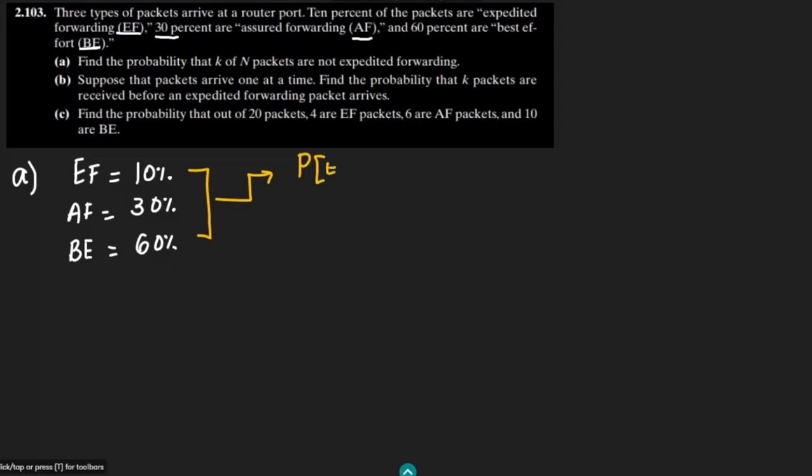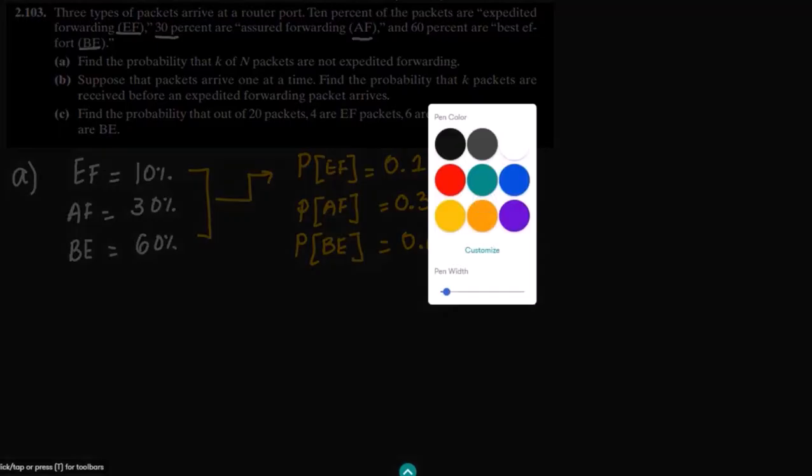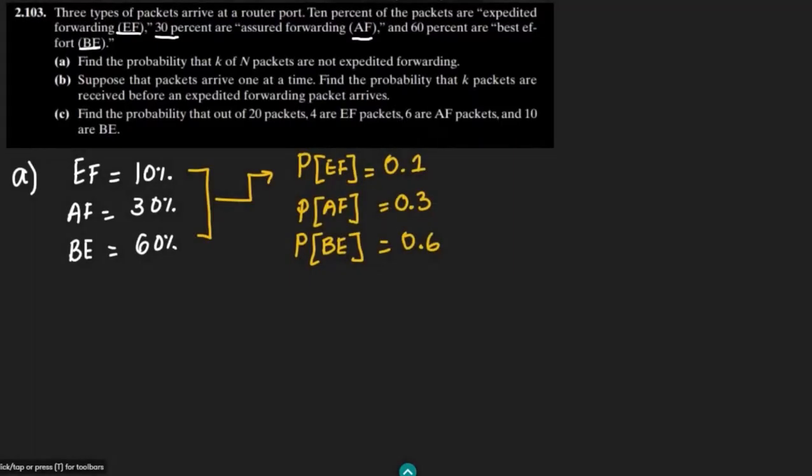According to this data, we can find the probability of each of them. The probability of EF is 0.1, the probability of AF is 0.3, and the probability of BE is 0.6.